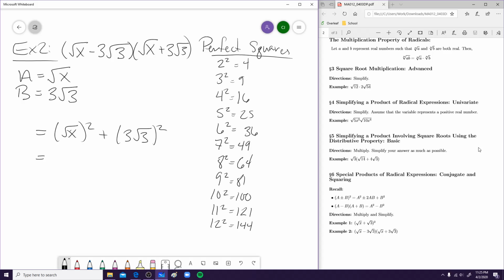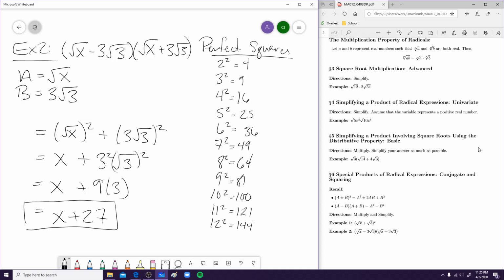Right? Square root of x squared, that is x. And then for 3 square root of 3, quantity squared, in the properties from a couple of days ago, I forgot what the property is called, it would become 3 squared times the square root of 3 squared. Right? And this is x minus 9 times 3, so then we get x minus 27.